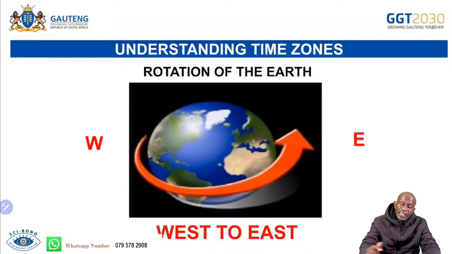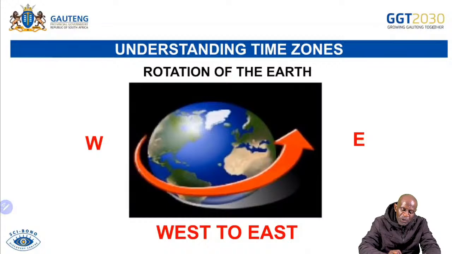now here is a diagrammatic representation of the Earth, and it shows the rotation that starts from the west and moves eastwards. So the Earth rotates from the west to the east.